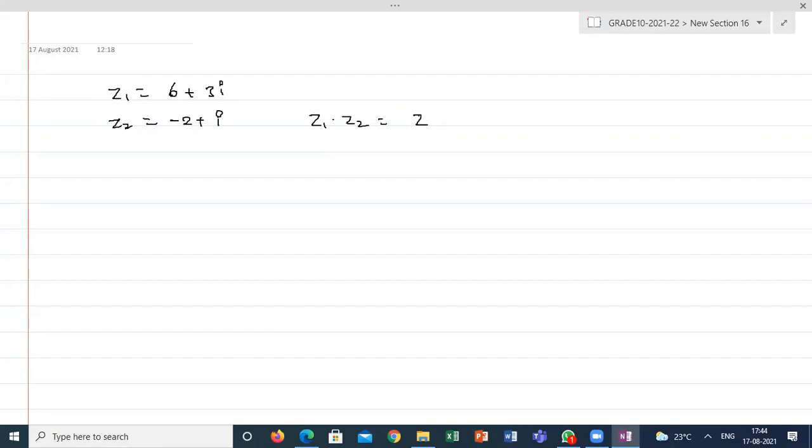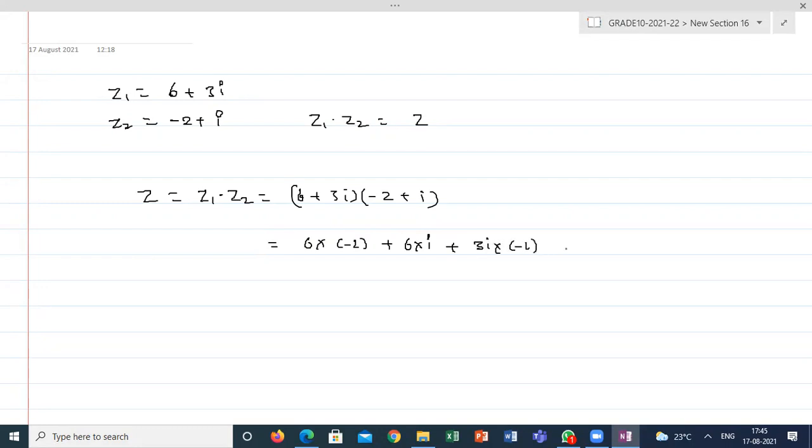Sir, it's minus 15. One second, I am coming to it. So I'm going to calculate the product of two numbers. Z is equal to Z1 into Z2, 6 plus 3i. If you are confused and unable to do direct multiplication, just write the steps. 6 into minus 2 plus 6 into i plus 3i into minus 2 plus 3i into i.